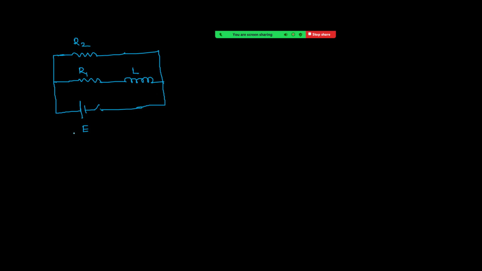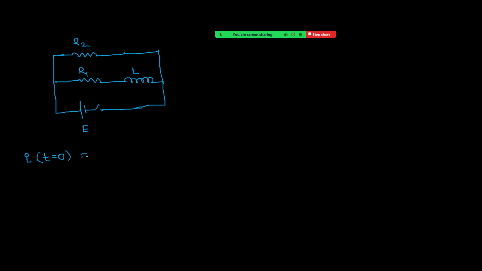See the first question: find the current through the battery a long time after switch S is closed. Let me first calculate the current just after closing the switch, that is, t equal to 0.